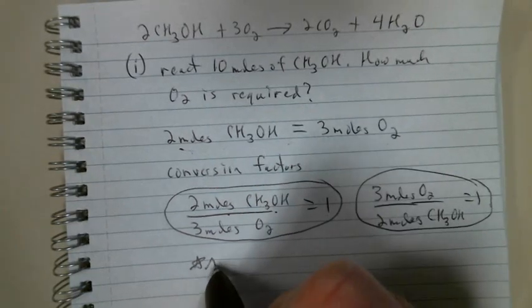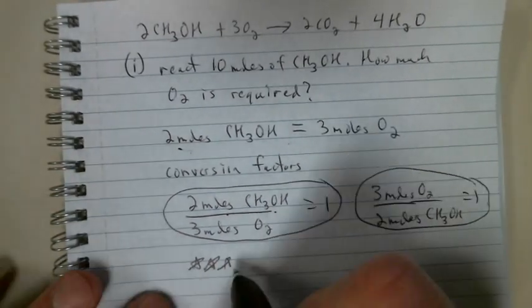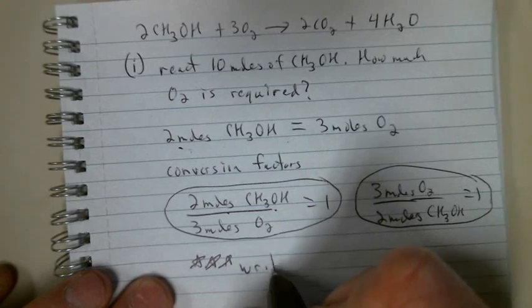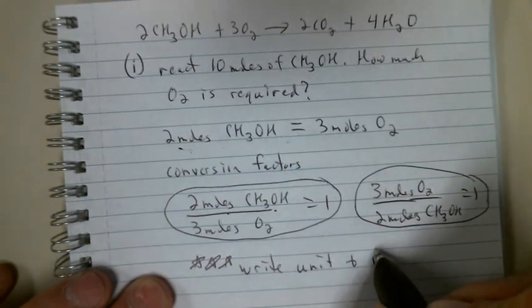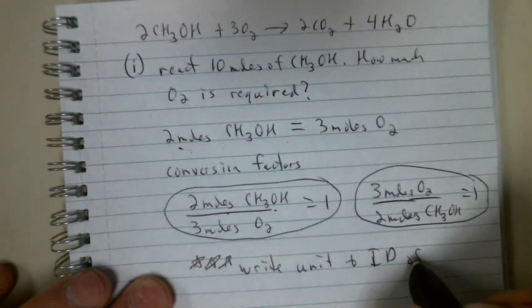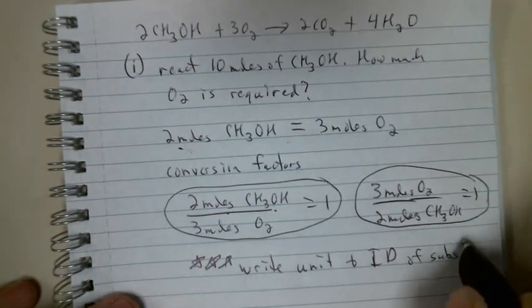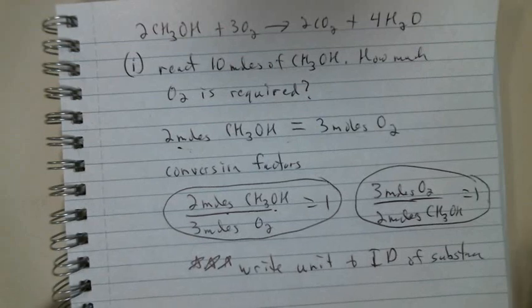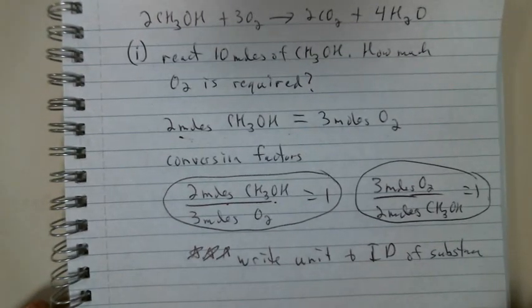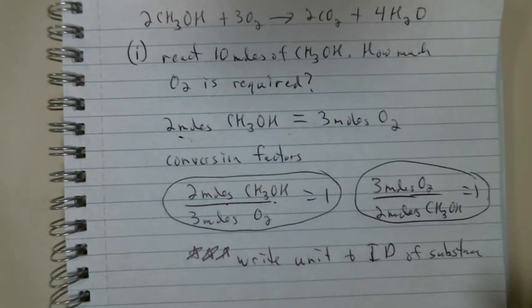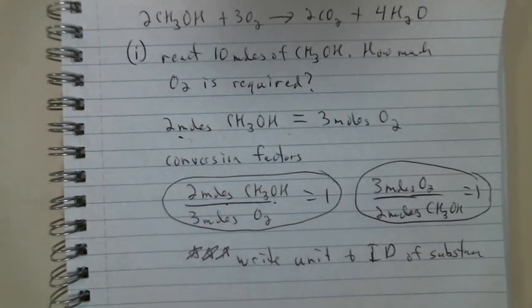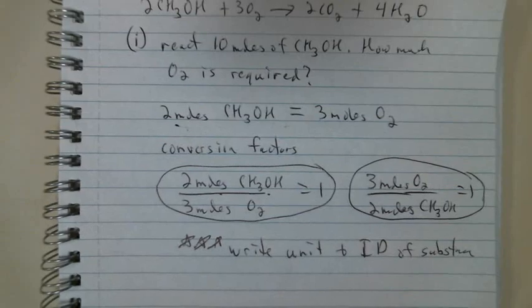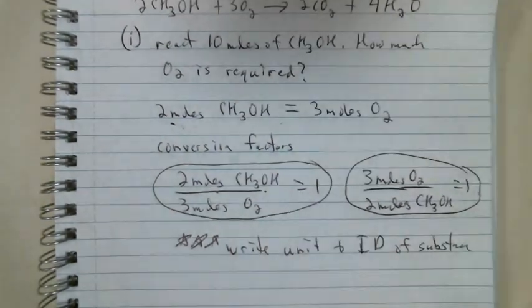I'm going to write this down: write the unit and the ID of the substance. If you can do that and treat those algebraically, cancel them out just like the factor label method, I guarantee you will do much, much better. You'll ace stoichiometry if you can convince yourself to do it that way.